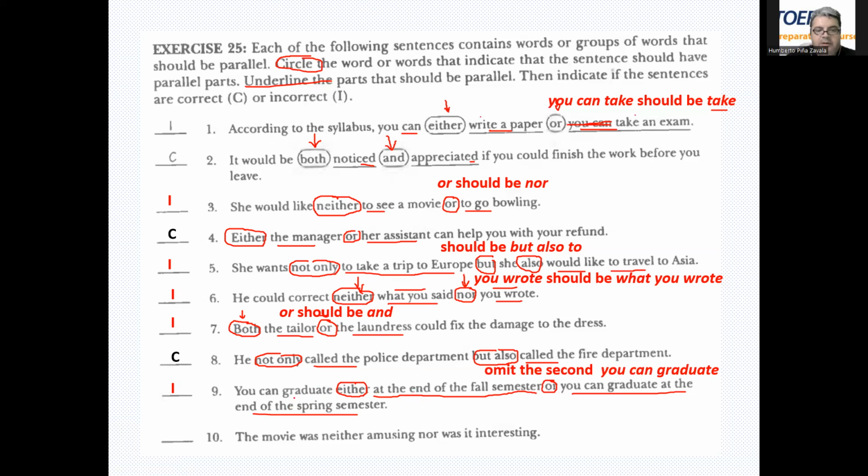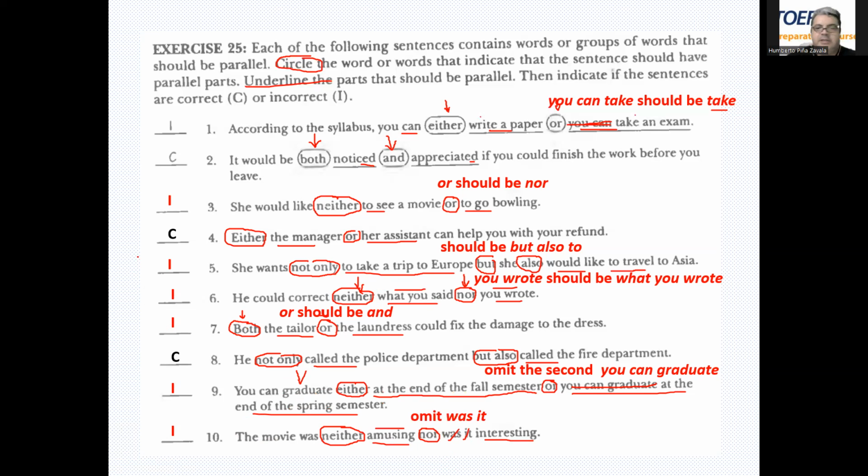So here, you can graduate, here's the verb, either at the end of the fall semester or at the end of the spring semester. No, you omit that one. The movie was neither amusing nor was it interesting. Okay, so here we only have an adjective, amusing, so we shouldn't have this here. The movie was neither amusing nor interesting.